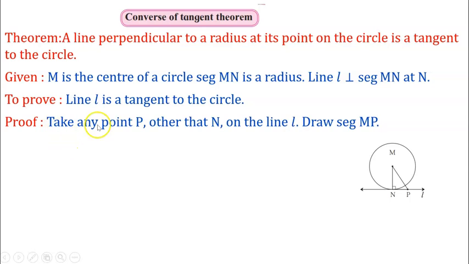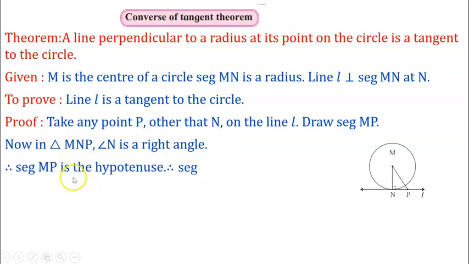Proof. Take any point P other than N on line L. Draw segment MP. Now in triangle MNP, angle N is a right angle and segment MP is the hypotenuse. Therefore, segment MP is greater than segment MN.